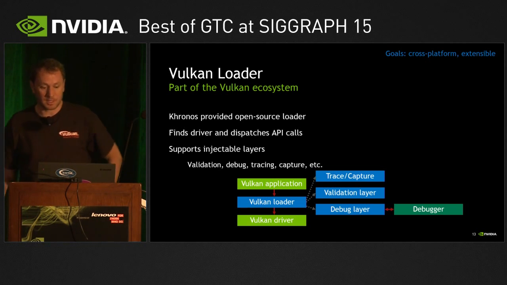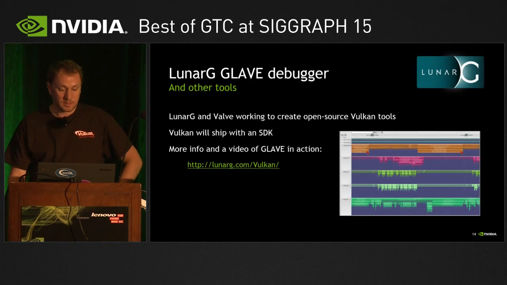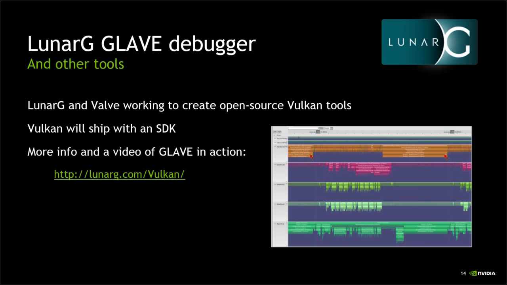And the other really cool layer is the debug layer. This is something that LunarG showed a little bit at GDC earlier this year. With the debug layer injected, there's a tool called the GLAVE debugger, which LunarG is developing right now. So you can have full GUI-based debugging on your Vulkan application.